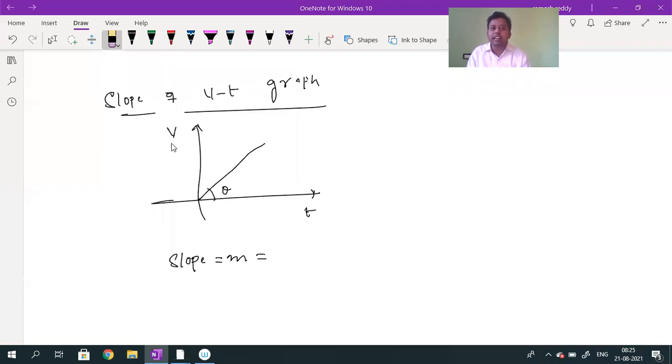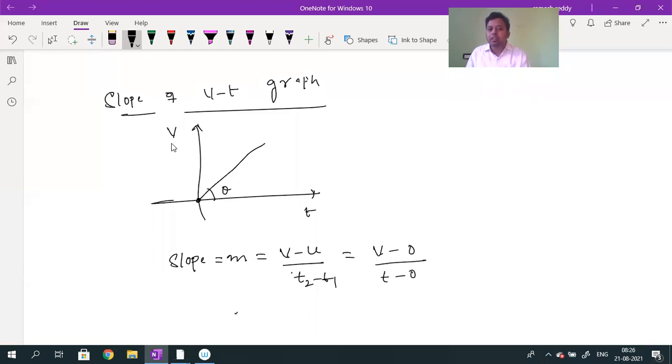Initial velocity is 0 and initial time is 0. So we get v minus 0 divided by t minus 0. So what will I get as the slope value?